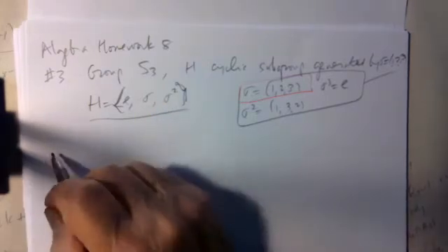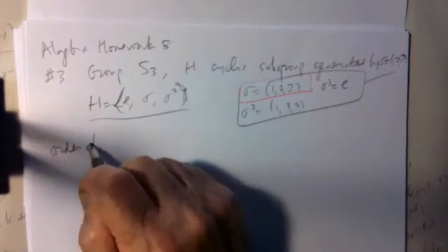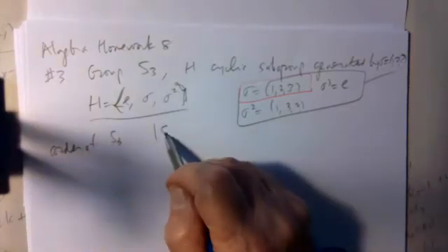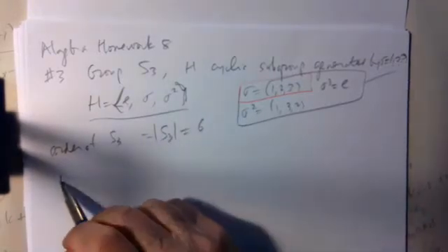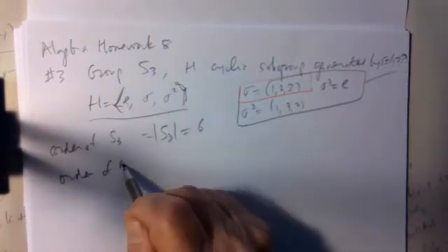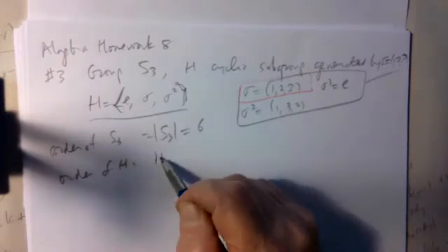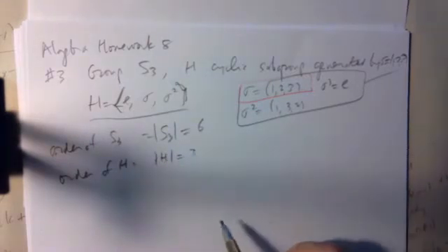So we have the order of the group S3, that's 6, and the order of the subgroup H is 3.